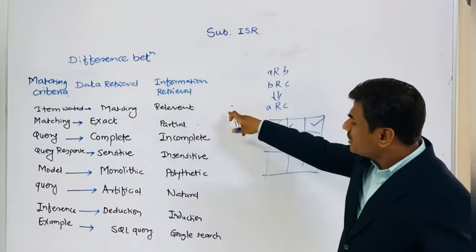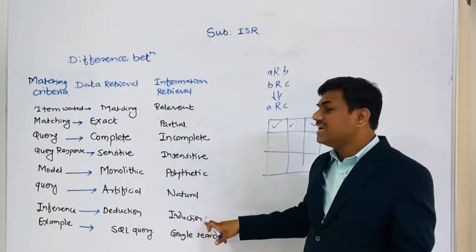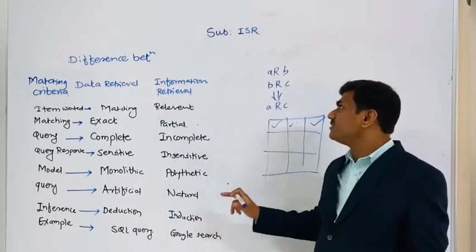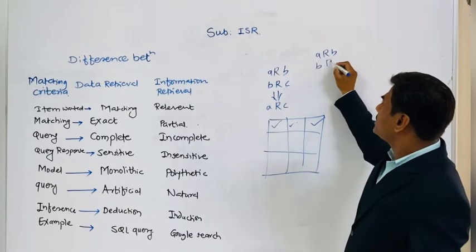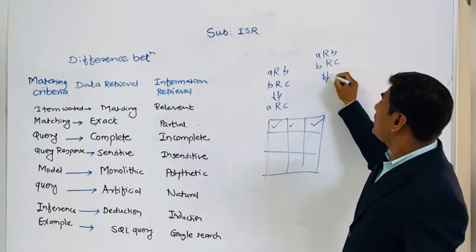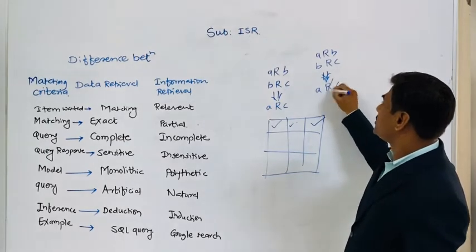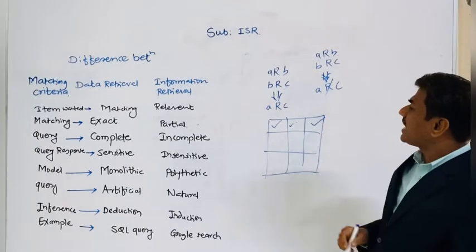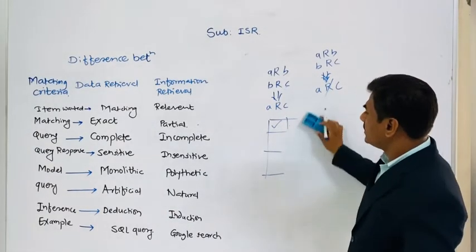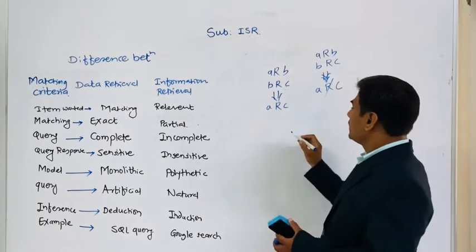Here in information retrieval, inference is induction. Inference induction means what? If A is having a relationship with B, and B is having a relationship with C, it does not mean that A is having a relation with C. With another example using a Venn diagram, I will explain this induction model.